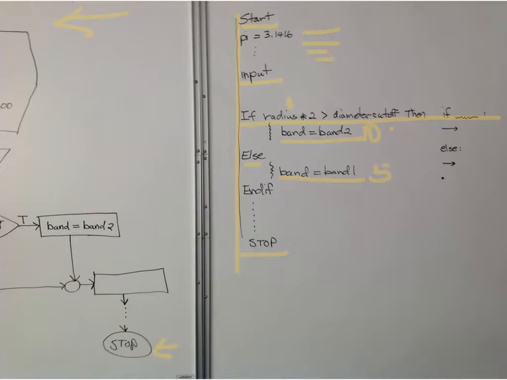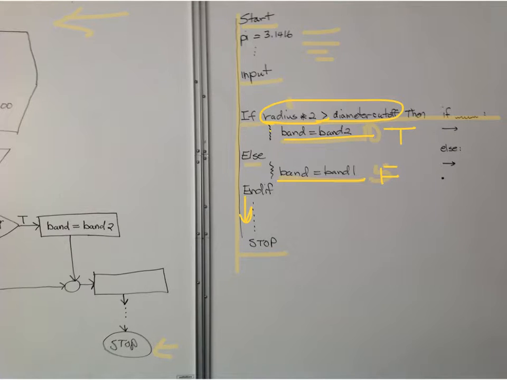So let's look at that a little more closely. Here's the conditional right here. Based on that condition, if it's true, it's going to do what's here. If it's false, it's going to do what's here. If it does the true part, it skips the false and continues here.